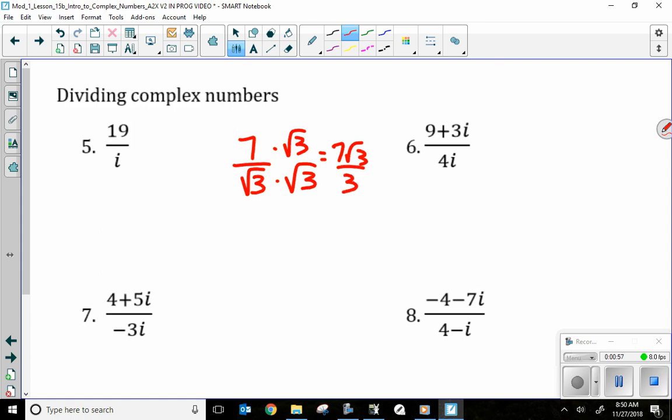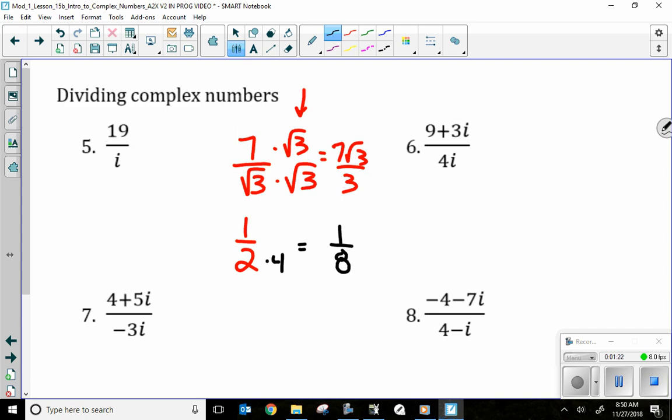Now keep in mind what I did here. Whatever I multiply to my denominator, or the bottom of the fraction, I have to multiply by the top in order to keep it the same value. Let me give you an easier fraction. If I have 1/2, and I just multiply the bottom by 4, that's 1/8. That is not the same as a half.